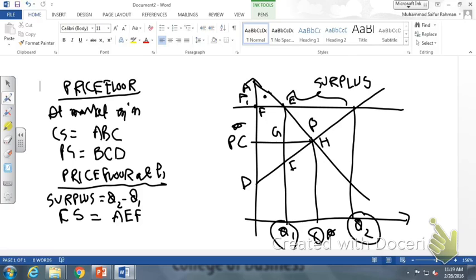Okay, now let's think about the producer surplus. So what do our producers get? Producer surplus is the area below the market price and above their supply curve. So the amount of supply that our producer, at this price, this is the area supply.